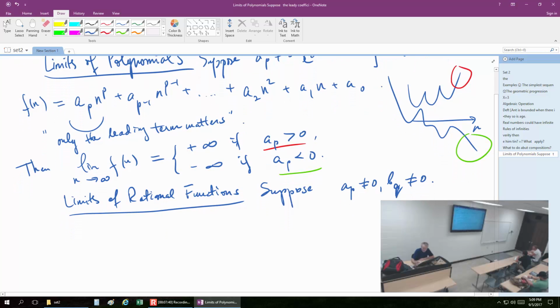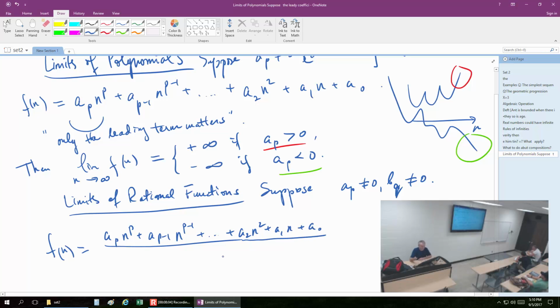Let me just write out the rational function. So it's a fraction. The numerator is exactly the same as the one I wrote up there. And the second one, the denominator, starts with b_q, so it does not have to be the same degree.